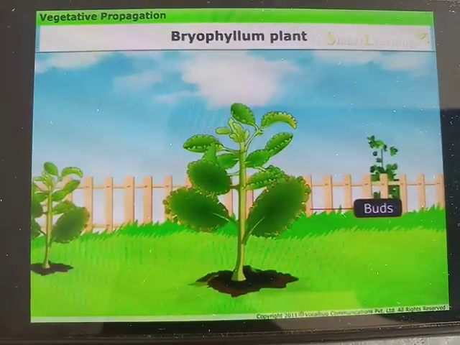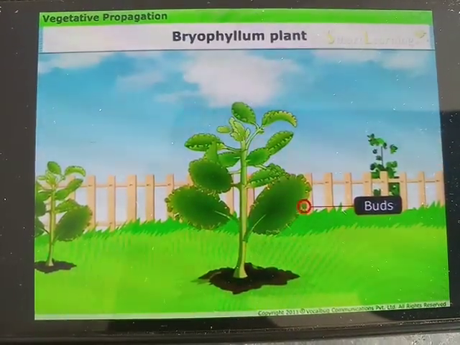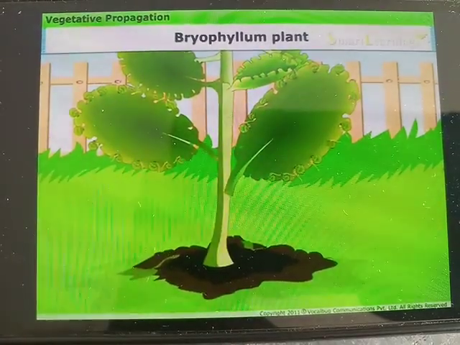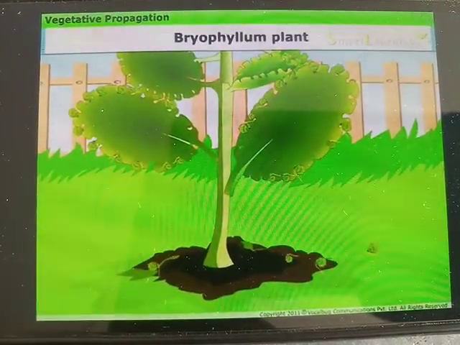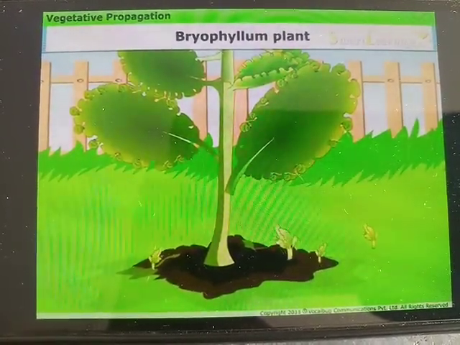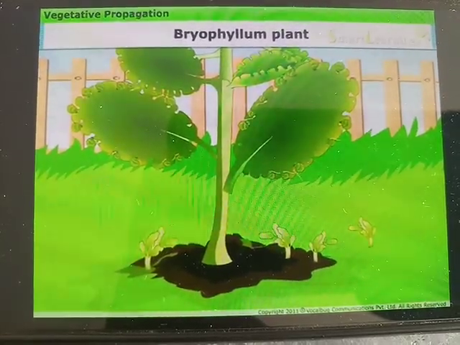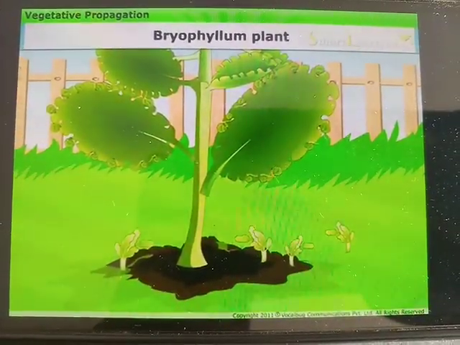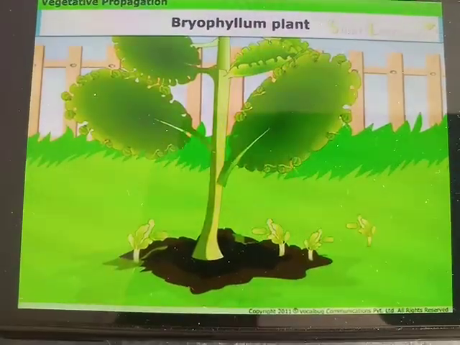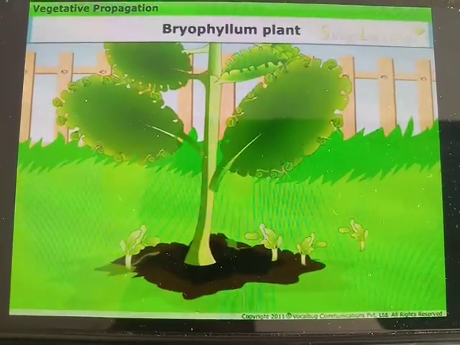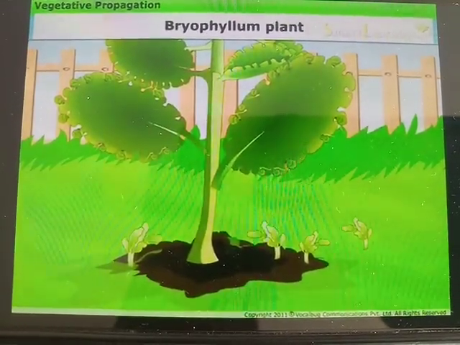Another best example is the leaves of Bryophyllum. The buds will grow a new plant. When a leaf falls down into the moist soil, it grows into a new plant. See, the new plants are growing. So it is the best example of vegetative propagation by leaves.